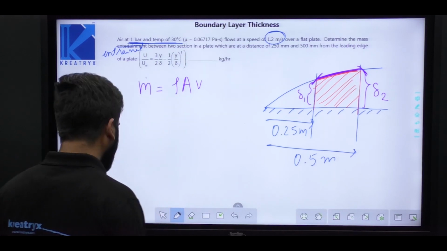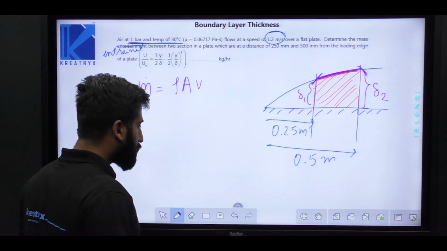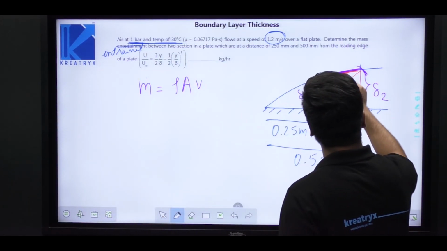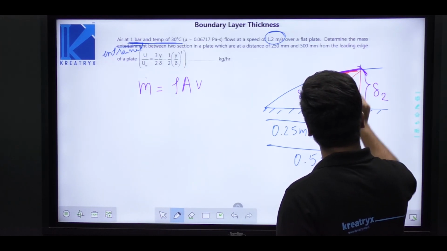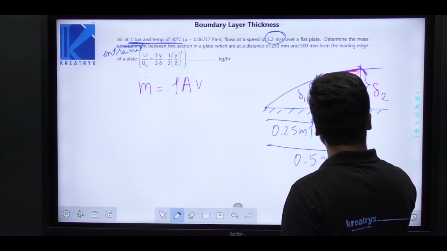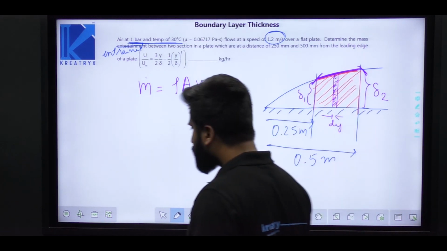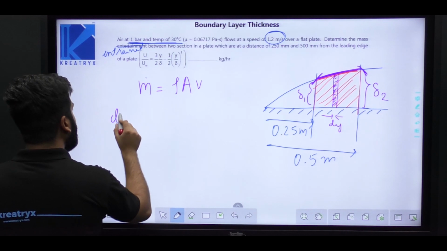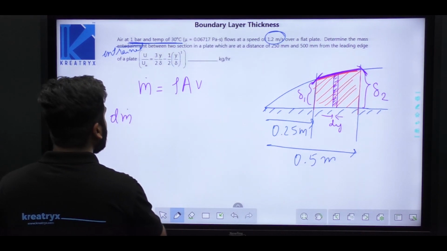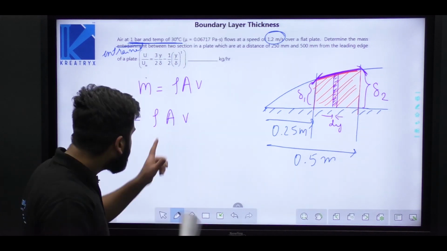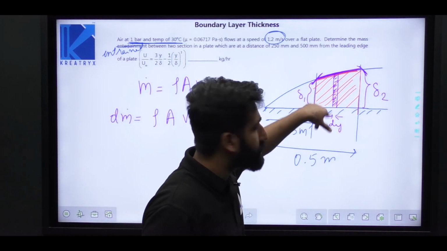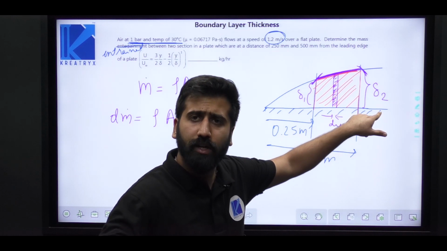I'll explain it again. Let us suppose that at a very thin section dy, the mass entrapped is dm dot. So rho A V. What will be the area of this thin section in which the mass dm dot is entrapped?